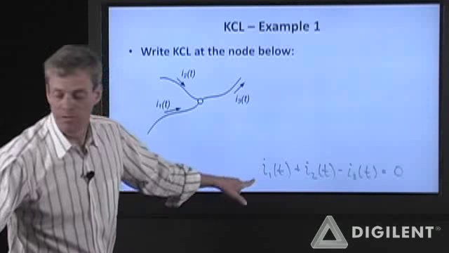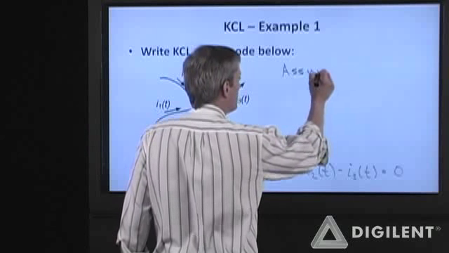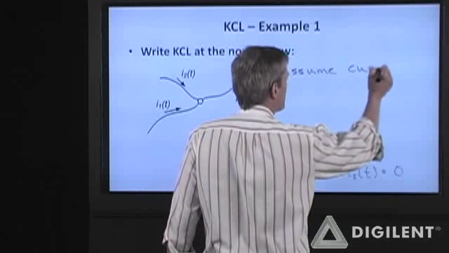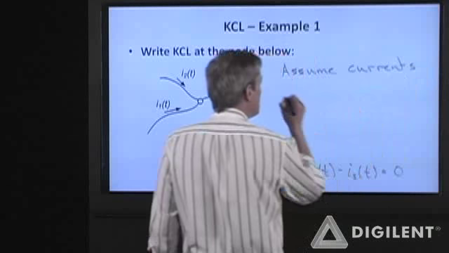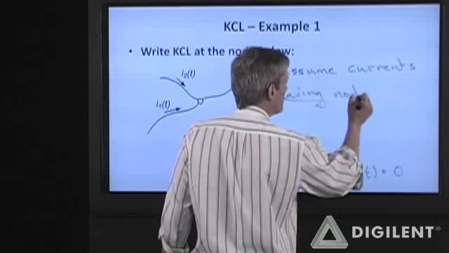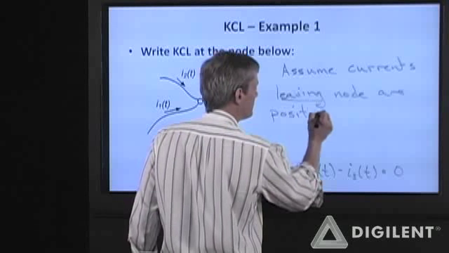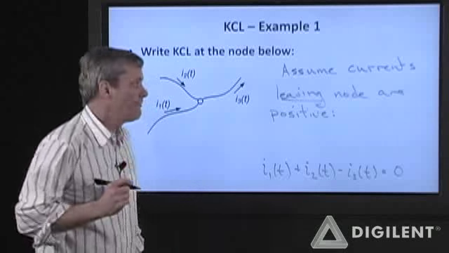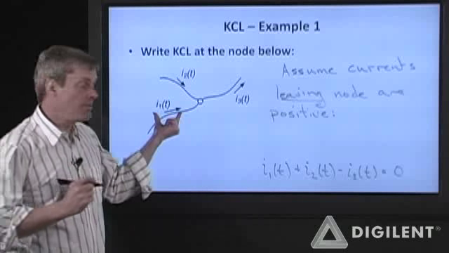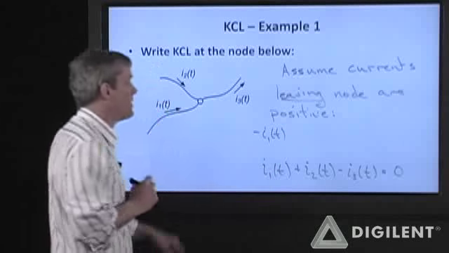I'm going to keep my previous result up there just for kicks. Let me assume that currents leaving the node are positive. If I do that, this current becomes negative. I have a minus I1 of t.